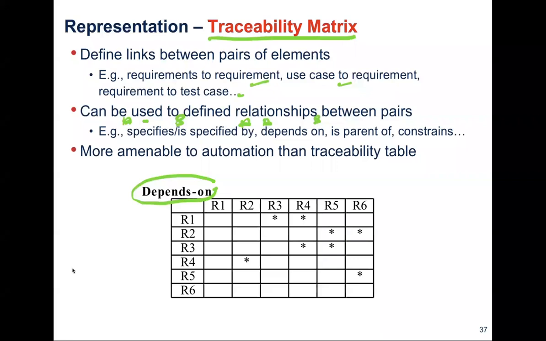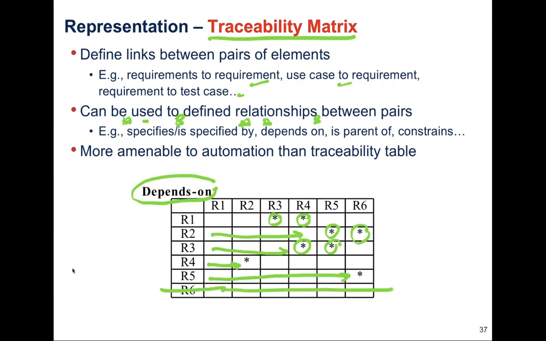As you can see here, requirement 1 depends on requirement 3 and requirement 4. Requirement 2 depends on requirement 5 and requirement 6. Requirement 3 depends on requirement 4 and requirement 5. Requirement 4 depends on requirement 2. Requirement 5 depends on requirement 6, and requirement 6 doesn't depend on any other requirements.